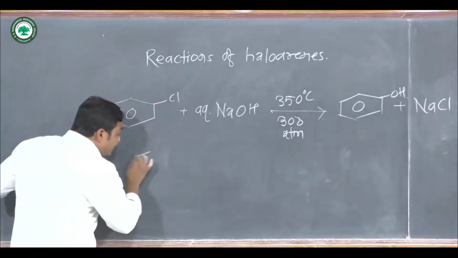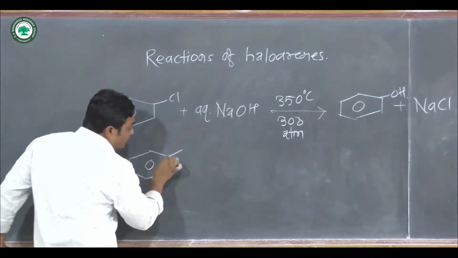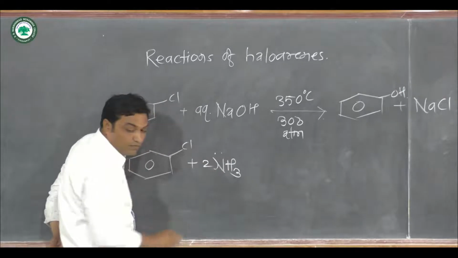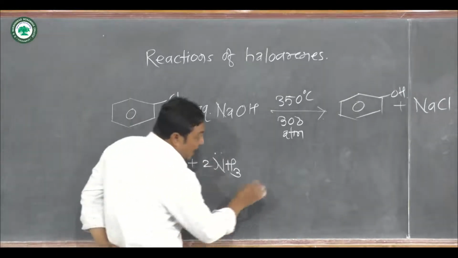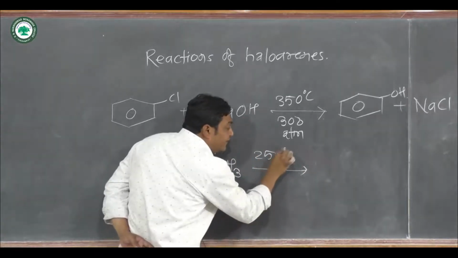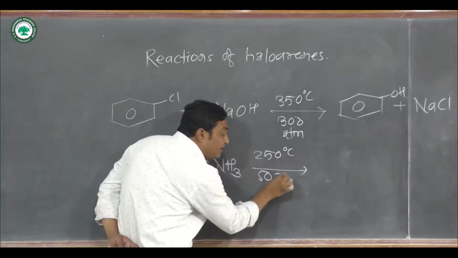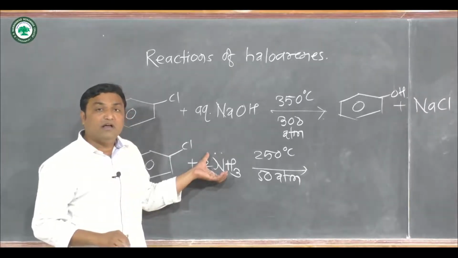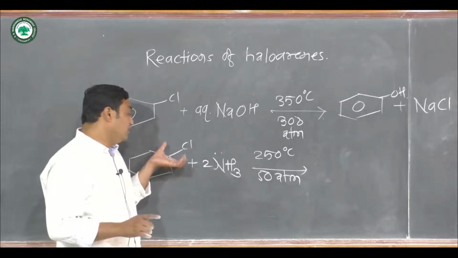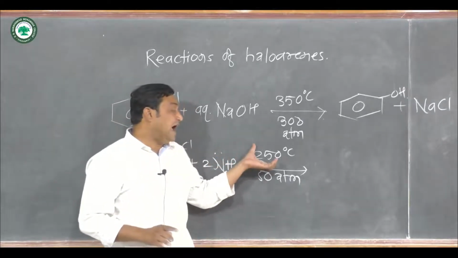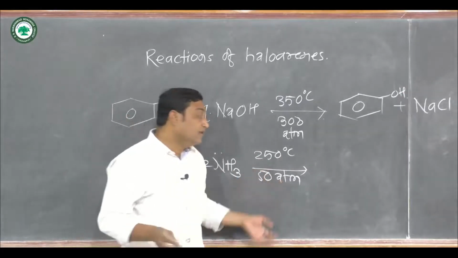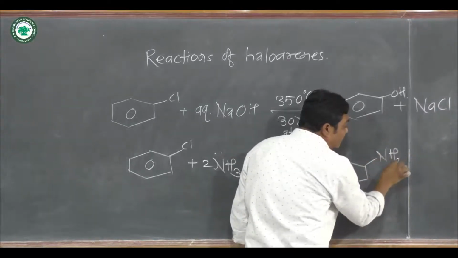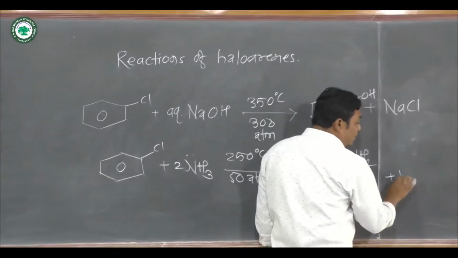For example, when this chlorobenzene is treated with ammonia molecule at 250 degrees Celsius and 50 atmospheric pressure, when the attack of ammonia on this chlorobenzene takes place, we obtain aniline as a product with the formation of ammonium chloride, that is NH4Cl.